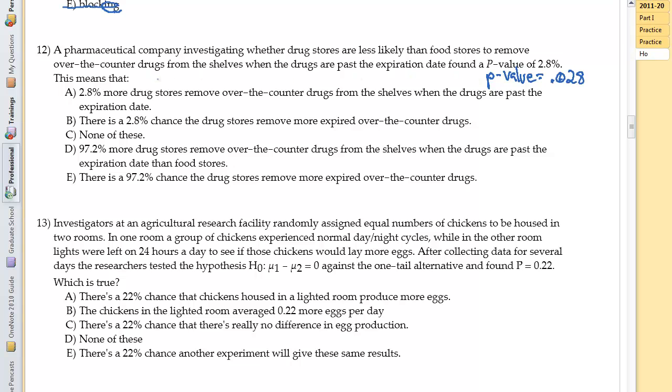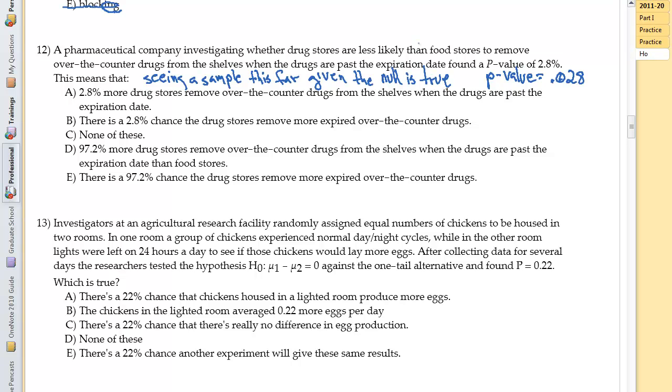P-value means the probability of seeing a sample this far, given the null is true. We assume that the null is true to get this probability.